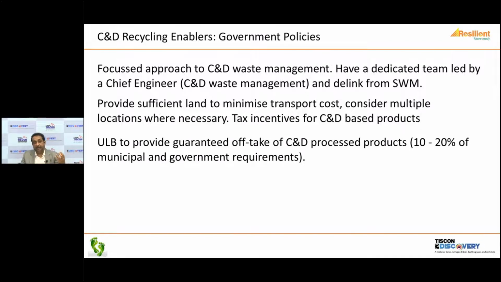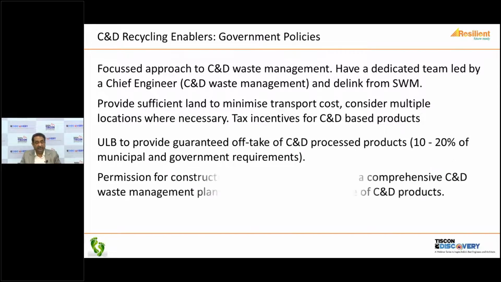To have that, the urban local bodies should provide a guaranteed offtake, because you have a lot of products which can be used in many of their activities. Even if they say 20% of their municipal government requirements can be taken, that will normally take care of a 500 ton per day plant. So these are the things we need to really think about to make it happen.